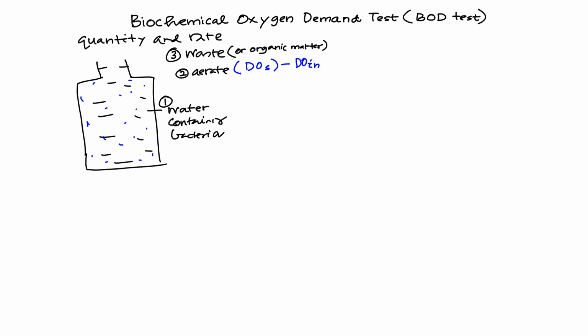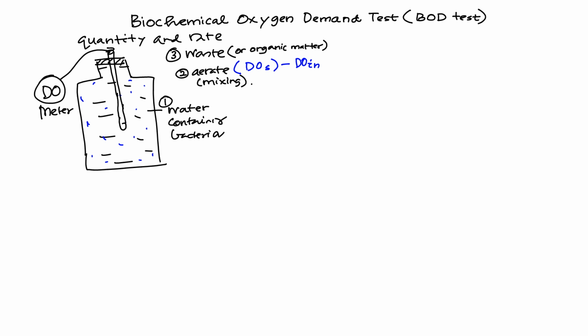Then what we do, we close the lid. Aerate actually means mixing, which I didn't say. So we close the lid now with a dissolved oxygen probe going inside, and then we measure the DO from the DO meter.